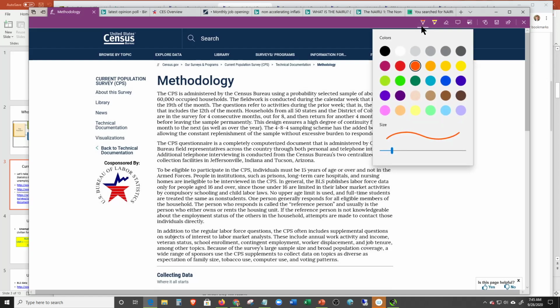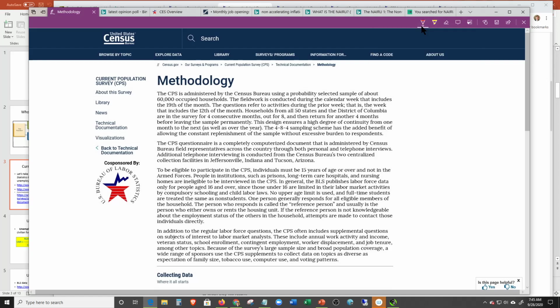Yeah, let's go with the red. 60,000 occupied households are surveyed every month. So I don't know how many people there are per household, but assuming there are two, if you had 60K times 2, you're going to have at least 120,000 people per month in this survey.